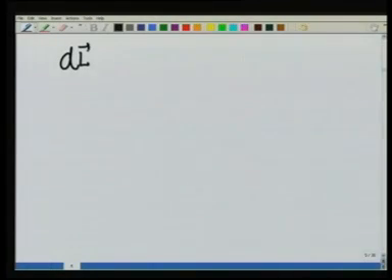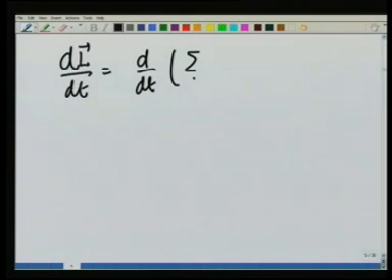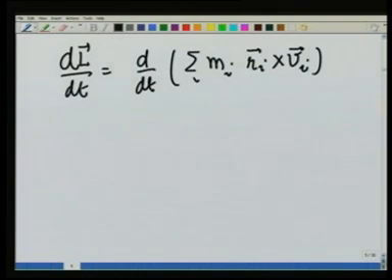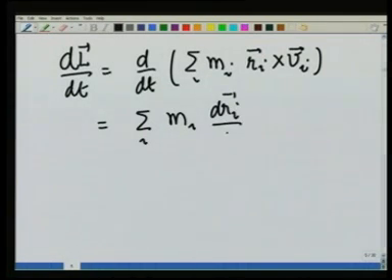A similar derivation we are now going to do for the angular momentum, and let us write this as d/dt of summation over i of m_i r_i cross v_i, which gives me summation over i of m_i dr_i/dt cross v_i.